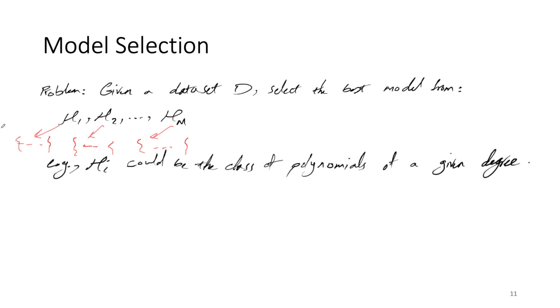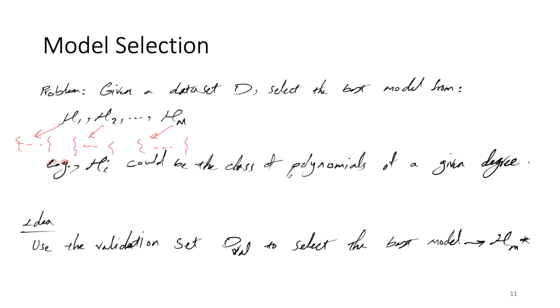An example would be that H_i could be the class of polynomials of a given degree, right? So the idea is to find a way to use the validation set, or dval, to select the best model. We're going to see it in a few steps, and they're pretty easy and intuitive.